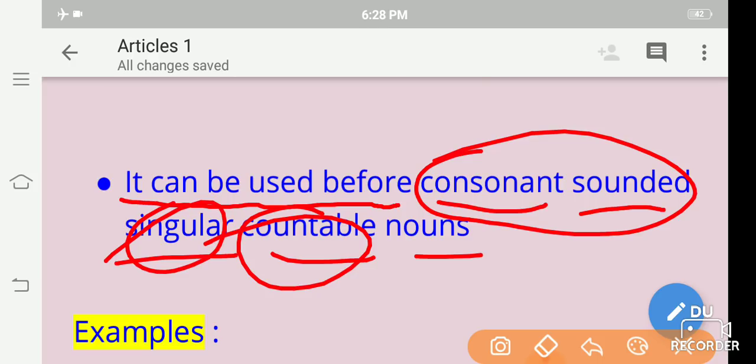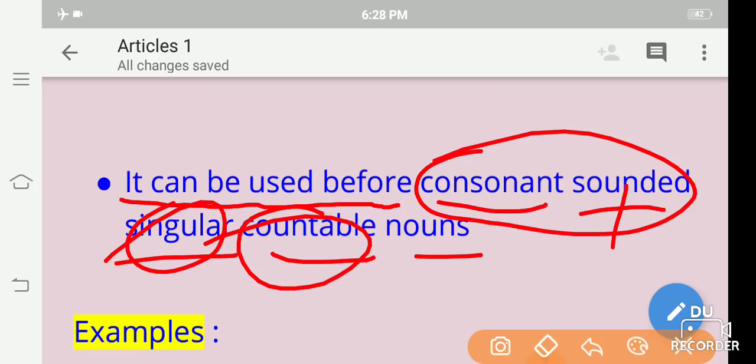So let us analyze this rule. The article a can be used before a consonant sounded word, which means the word should produce a consonant sound. There are some words that, even though they have vowels in the beginning, sound like consonant words.